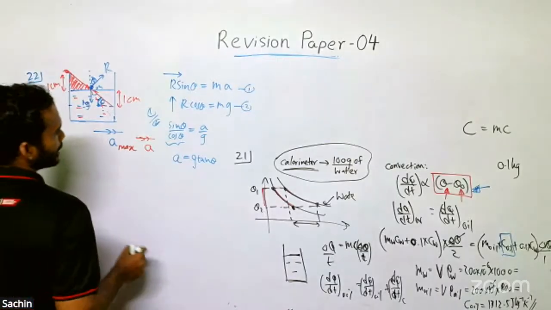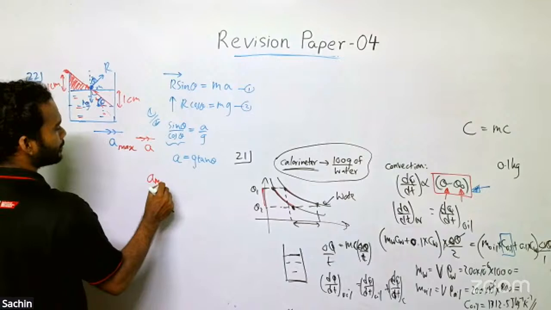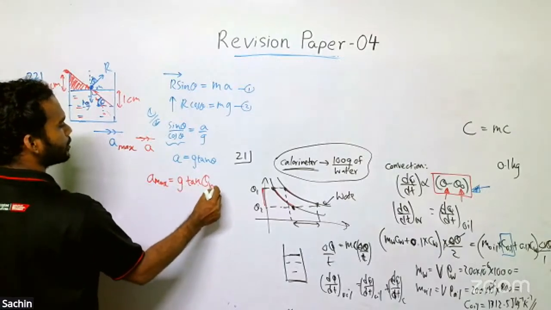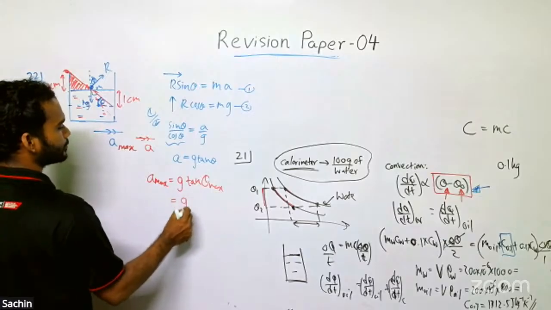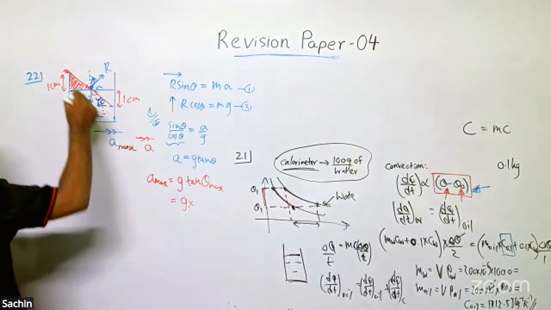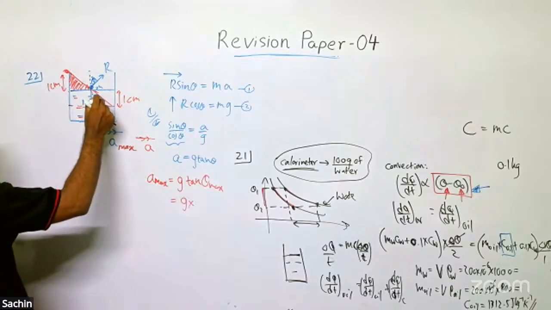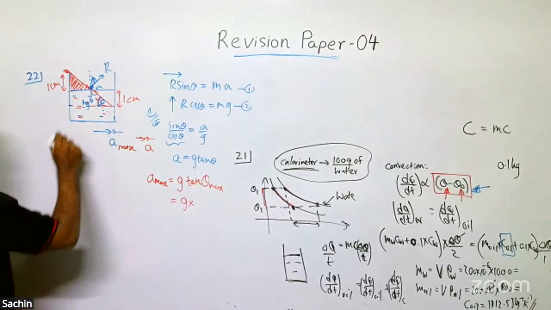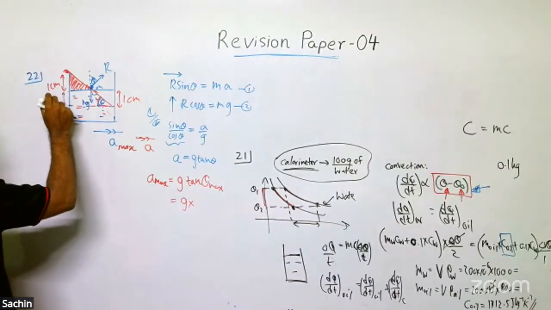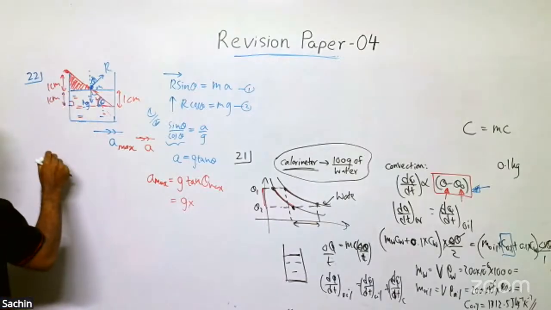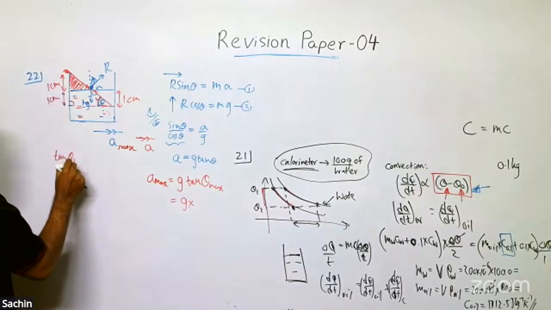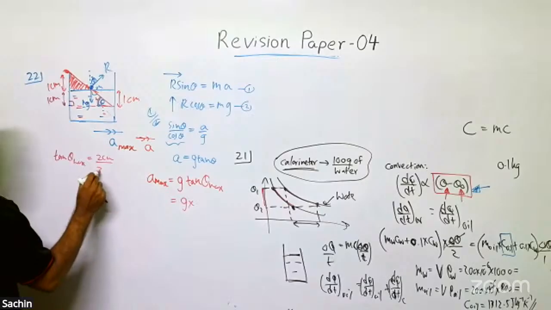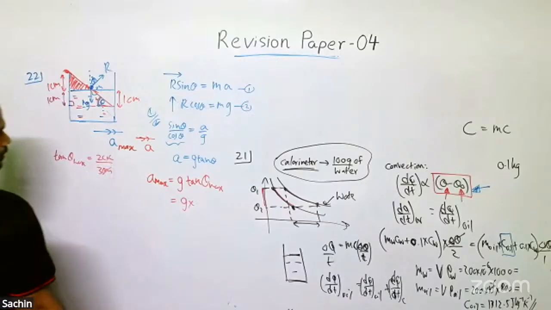Okay, so at the maximum acceleration, theta should be maximum. So what is maximum theta here? Maximum theta is this, the one I have drawn in this diagram. So what is the tan value? So this is 1 centimeter. So if you consider this right angle triangle, tan theta max should be equal to 2 centimeter divided by this horizontal length is 3, 2 over 3.